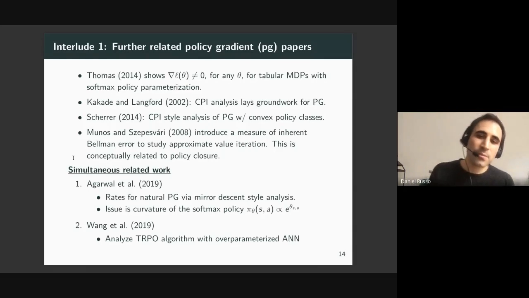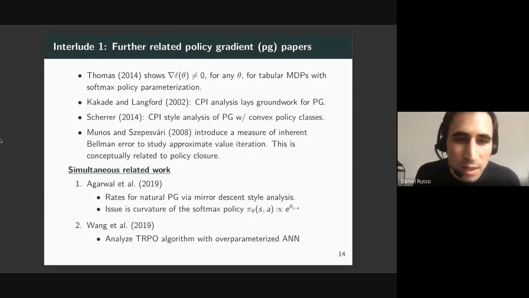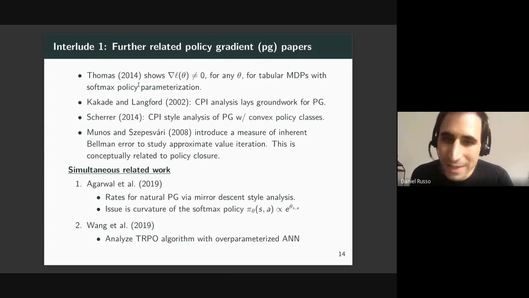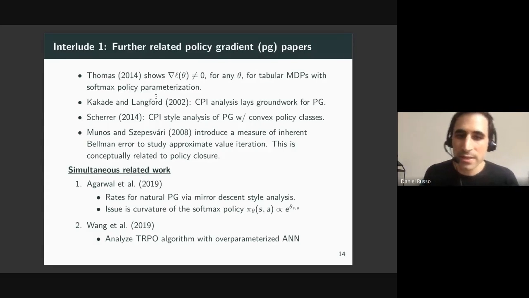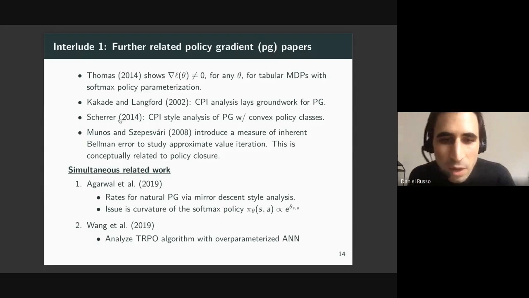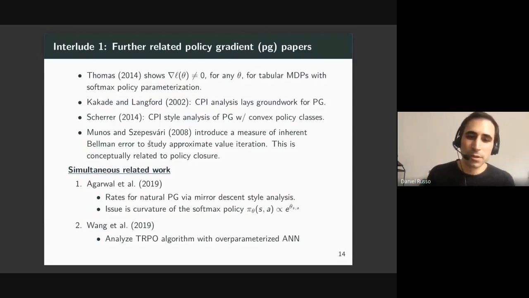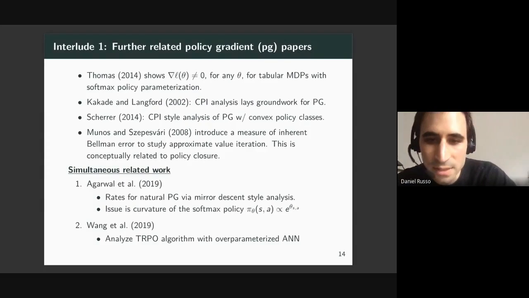Some notable references. Thomas gives a very simple argument that for softmax policies, the gradient of the loss function is never exactly zero. Kakade and Langford set up a lot of critical ideas that lay the groundwork for policy gradient analysis. And this underappreciated paper by Scherrer extends some of that analysis to policy gradient with convex policy classes.